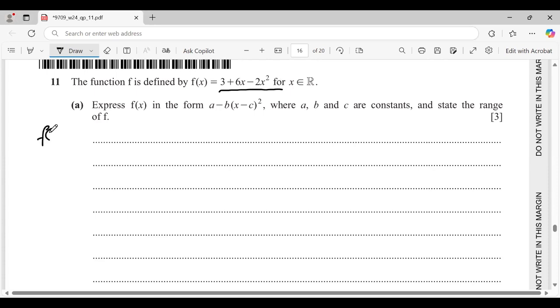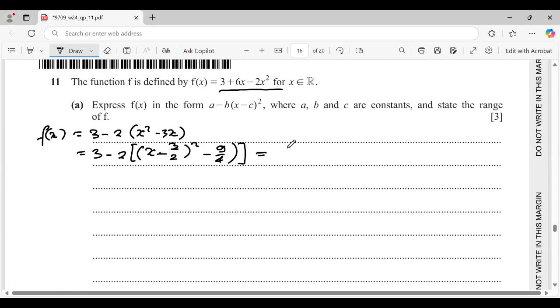I would like to factorize it, so it becomes 3 minus 2(x squared minus 3x). And after that, I will continue with 3 minus 2((x minus 3 half) squared minus 3 half squared). So 3 half squared is 9 quarter, so we have to subtract 9 quarter.